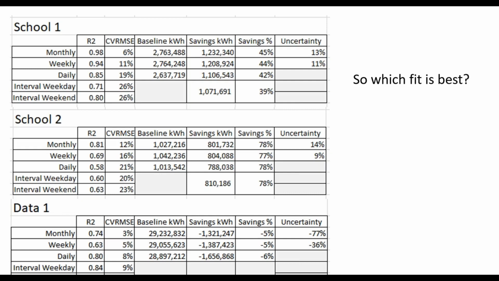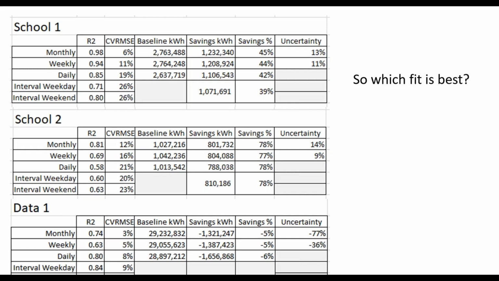And just to point out, these uncertainty percentages are probably not typical. These are probably about best case. This is saying, for monthly for school one, that we're plus or minus 13% on our savings estimate. That's with a really nice model, CVRMSE of only 6%, so a really nice fit and really high savings.